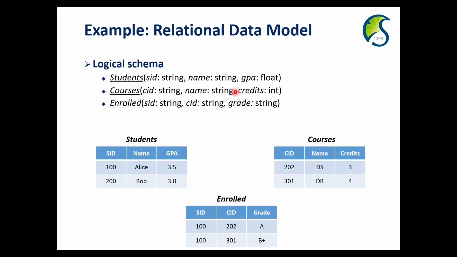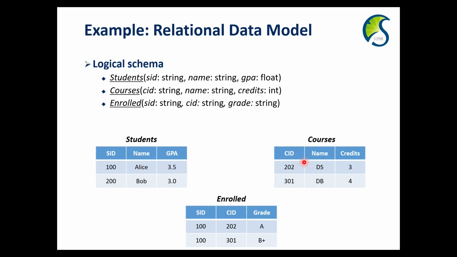And you can also specify another relation, Enroll, and it also consists of three different columns: SID, CID, grade. Actually, this example is a little bit different from the previous example, but you don't need to consider the different meanings. In this example, we just specify three different relations.